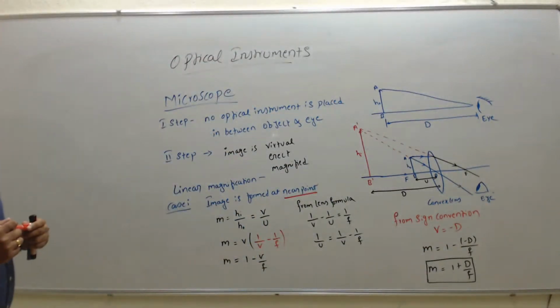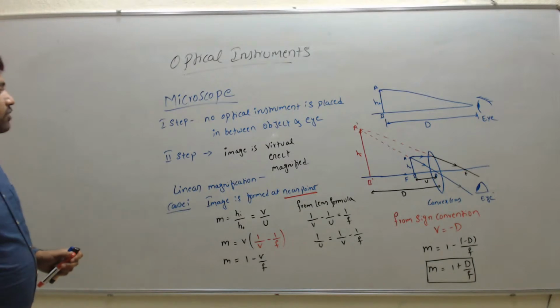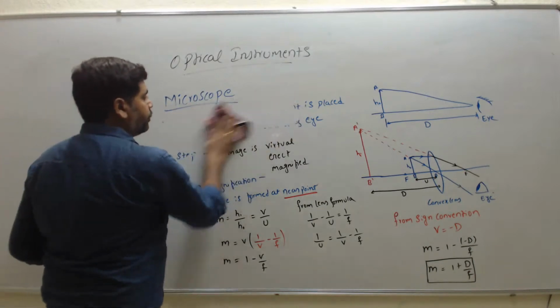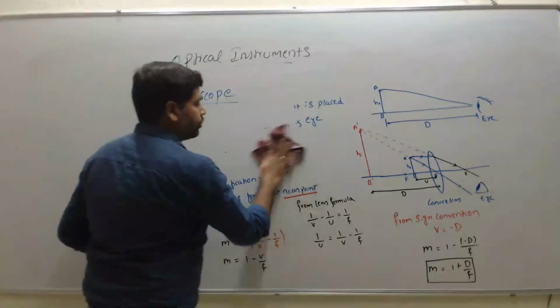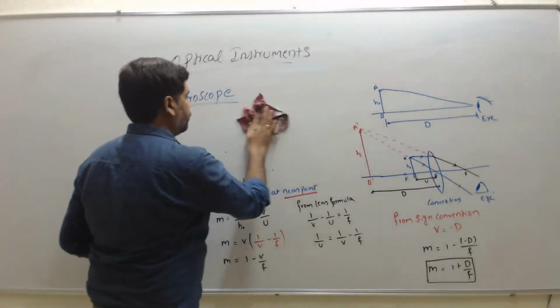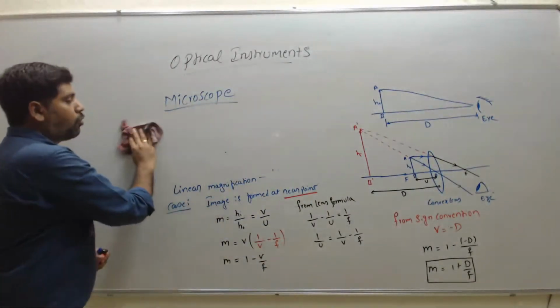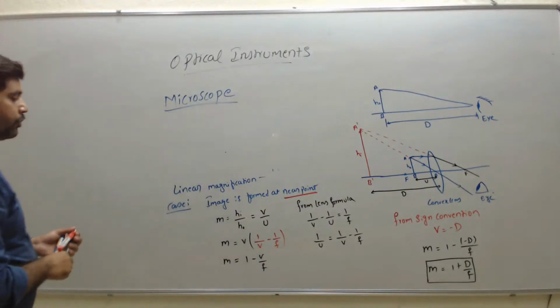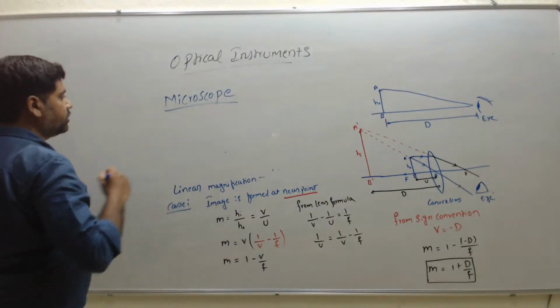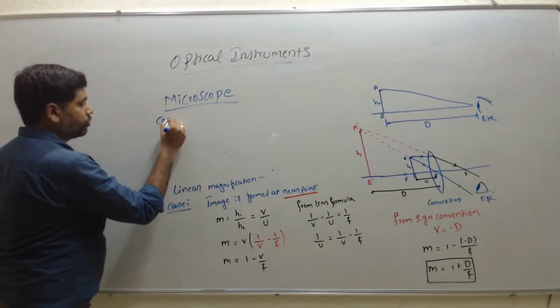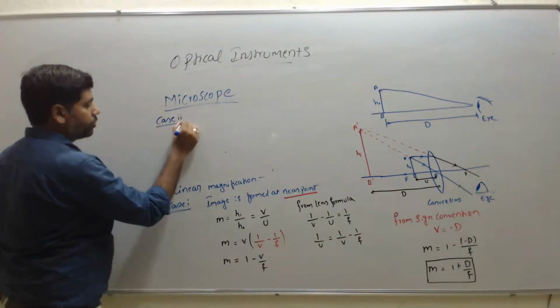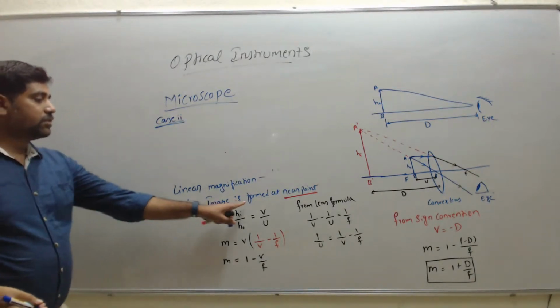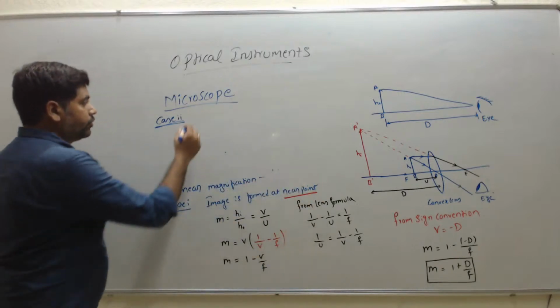Next, we are going to study the second case. What happens in the second case? The second case is that the image is formed at infinity.